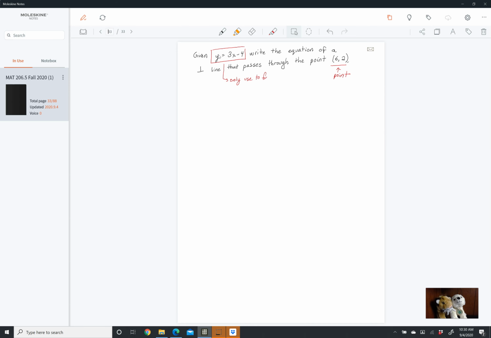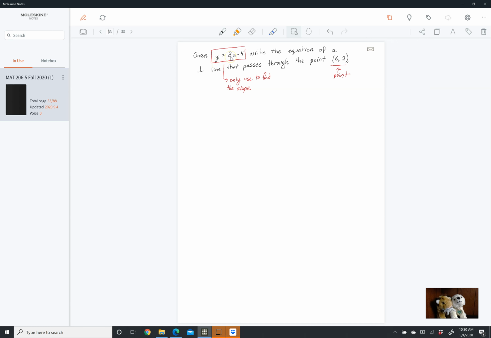After that, it becomes irrelevant. Okay? So let's actually work through this. And it's a very short process, okay? Because essentially all we have to do is find the slope. And this is very fortunately given to us in slope-intercept form. So it's easy to find the slope, okay?